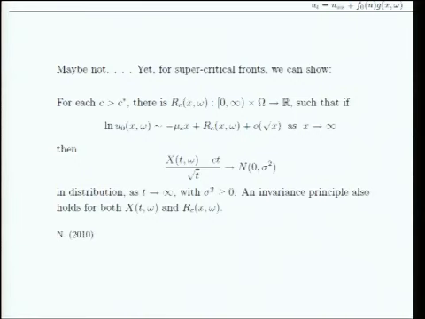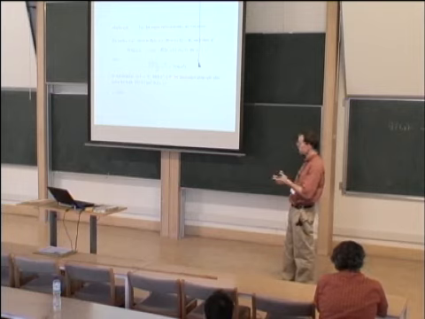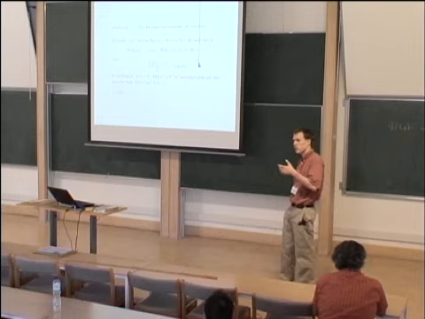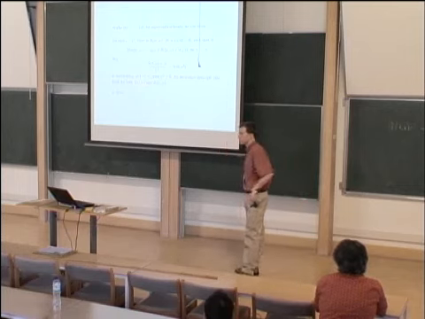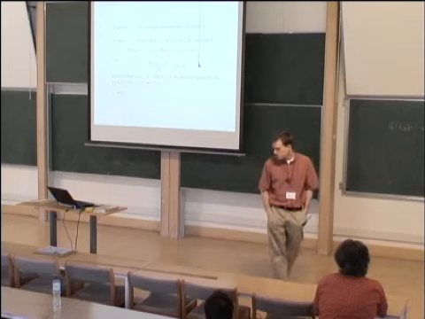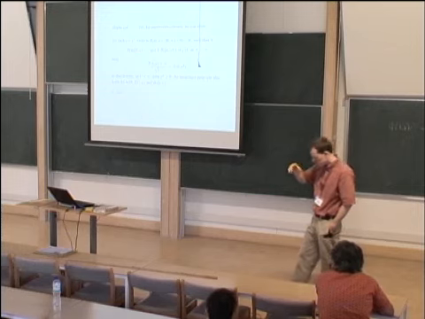Then you could show that the solution to the initial value problem satisfies the central limit theorem. And again, one can show that the variance is non-zero in many cases, and in this case you have an invariance principle for both the position x and this function r.